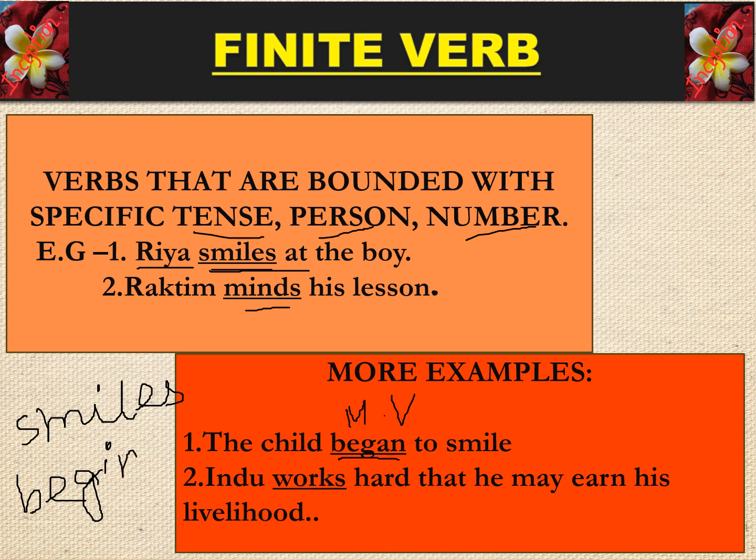Because of the tense, right? As we have already learned, finite verbs follow the rules of tense. So according to tense, the verb begin has changed its form to began. That's why it is also a finite verb.